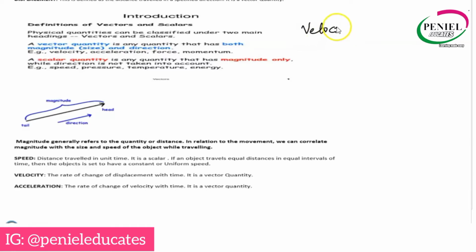Velocity is a vector quantity. Acceleration is a vector quantity. Force, momentum. Why are all these vector quantities? Because they have a magnitude as a size, and they have direction.